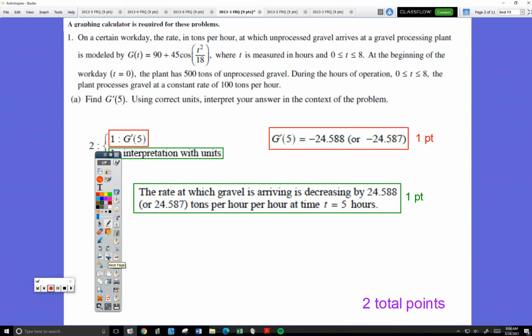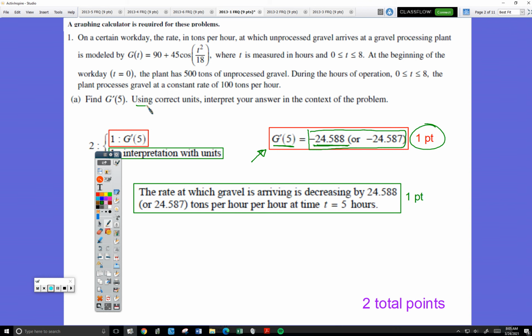I just pull out my calculator, put formula for G and Y1, and then I use the calculator function to find that derivative at time 5. You do have to say you're finding G prime of 5 so they know you were finding a derivative, and then you have to have the right numeric value. If you have that, you get 1 point.